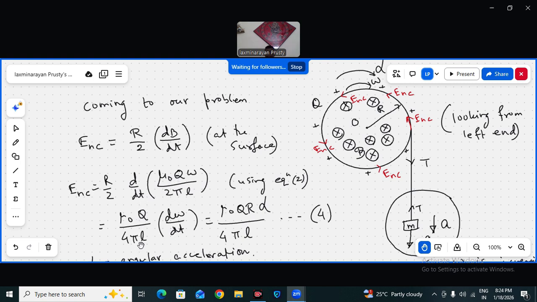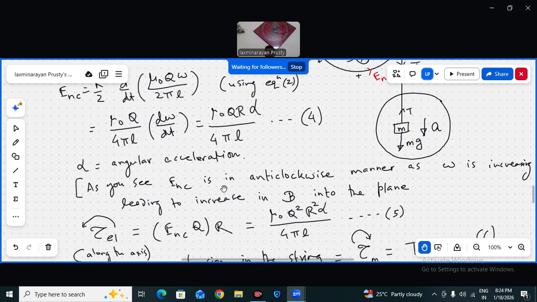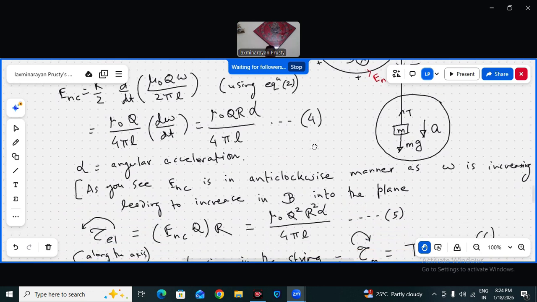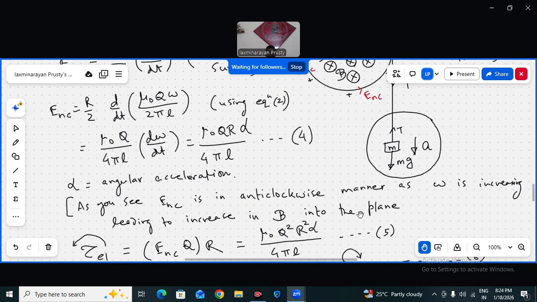So mu naught Q by 4 pi L d omega by dt. d omega by dt is the angular acceleration alpha. As you see, ENC is in an anti-clockwise manner as omega is increasing, leading to the increase of B into the plane. That's what, as per Lenz's law, I told you, already explained just now.